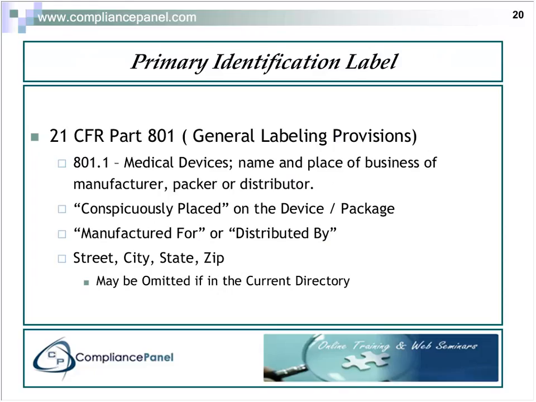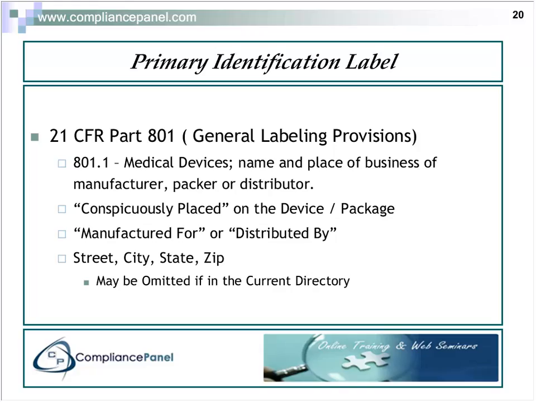So you must have the medical device name and place of business of the manufacturer, packer, or distributor. And this has to be, they use the words, conspicuously placed on either the device and/or the package, in some cases both. If it's manufactured for someone else or distributed by someone else, that information has to be placed on the label as well.